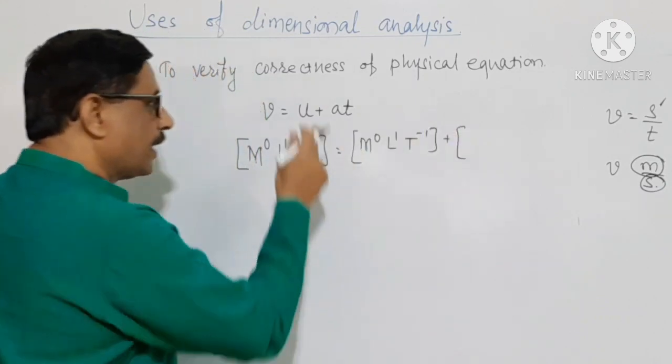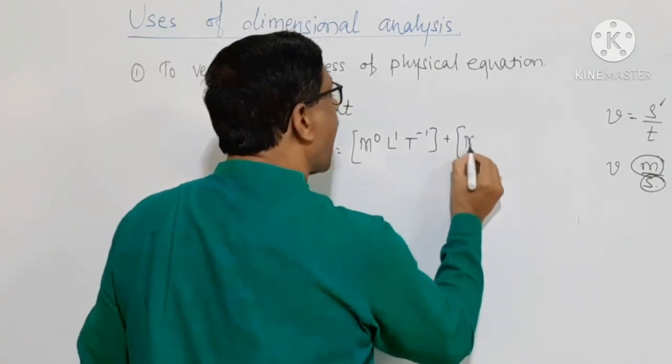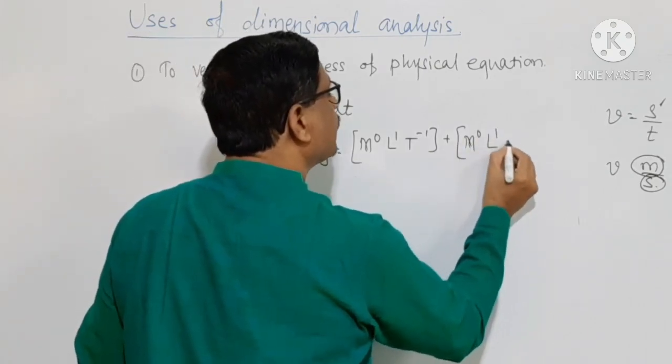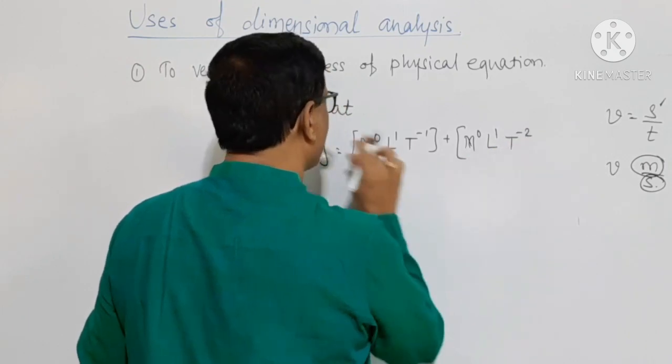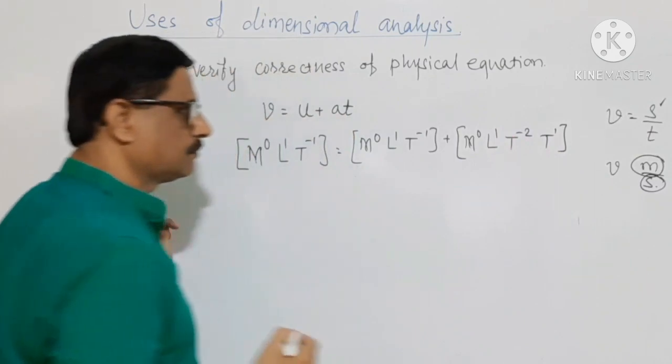And thereafter comes acceleration. The dimensions of acceleration, as we obtained yesterday, are L1 T minus 2, and here time is T, therefore it is T plus 1.